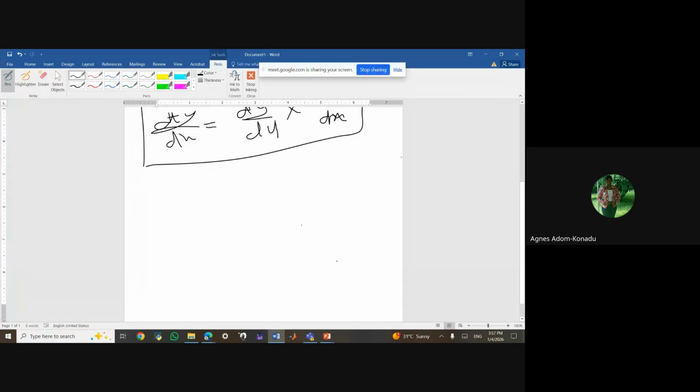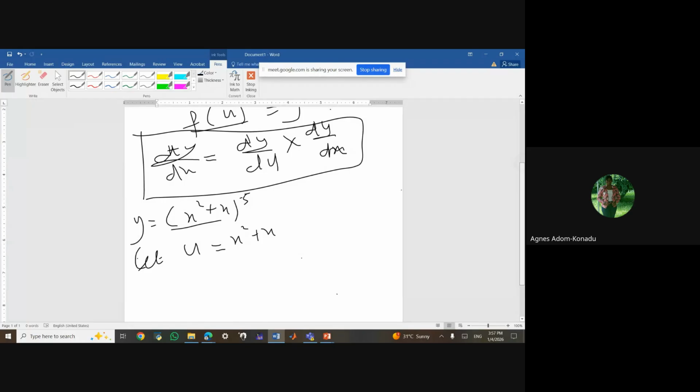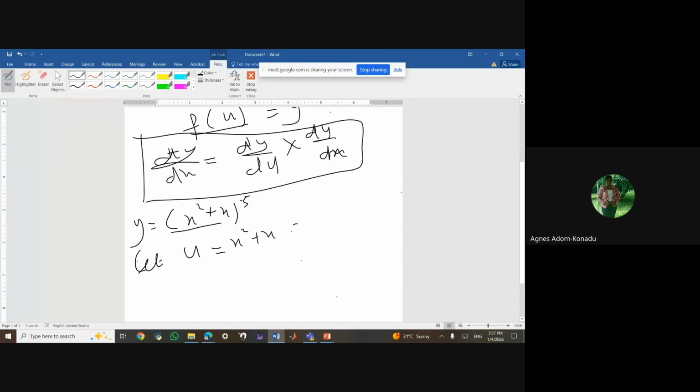So for the example, I have the function y is equal to (x squared plus x) all to the power of -5. I will let what is in the bracket be u. So I will let u be equal to x squared plus x. In the formula, I have to find du over dx, so I want to differentiate this function with respect to x.